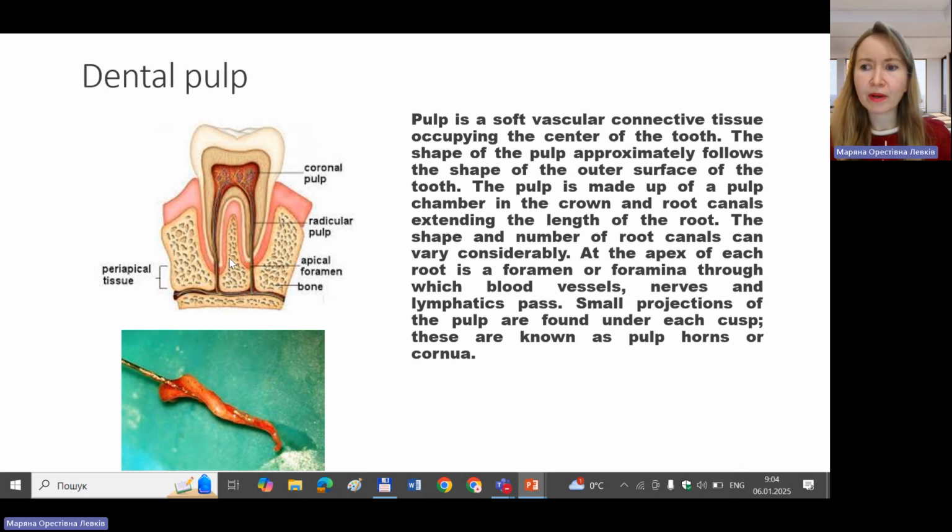The shape and number of root canals can vary considerably. At the apex of each root is a foramen through which blood vessels and nerves enter the pulp chamber.